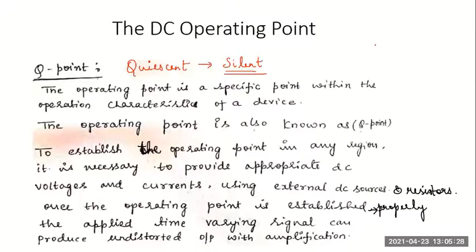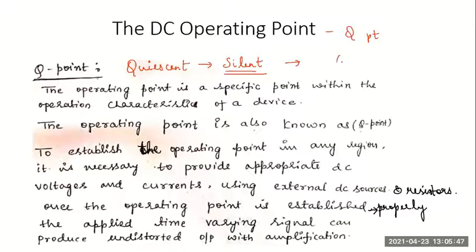Why is it called silent point? The operating point, also known as Q point or silent point, the simple reason being that this operating point is fixed for what? DC conditions.